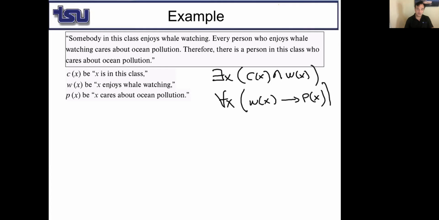For any student in the school, if that person enjoys whale watching, that means he cares about pollution. And then the conclusion will be, there is a person who is in this class and cares about pollution. So that's the conclusion.